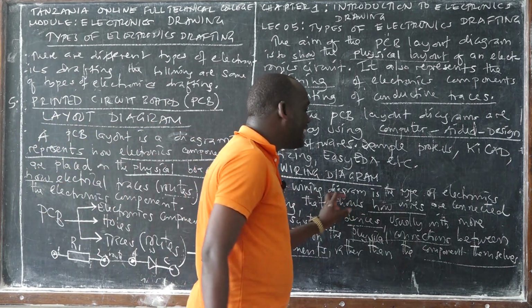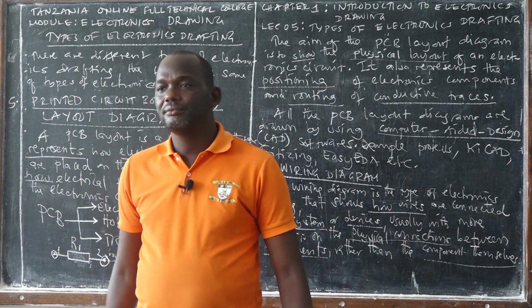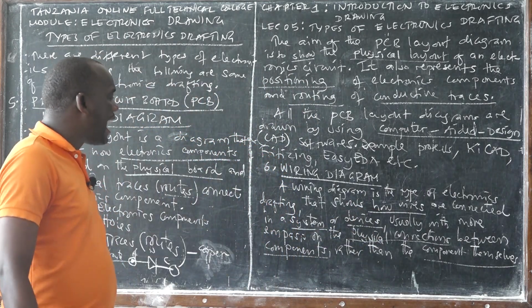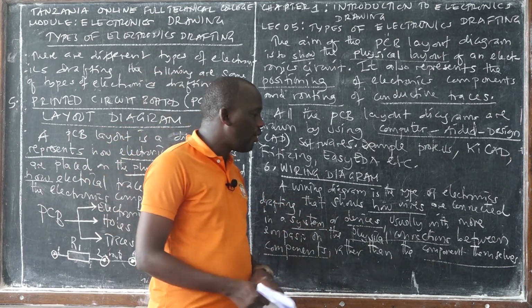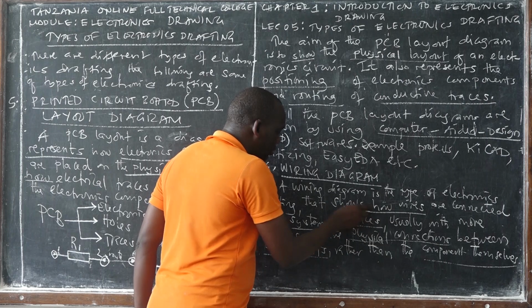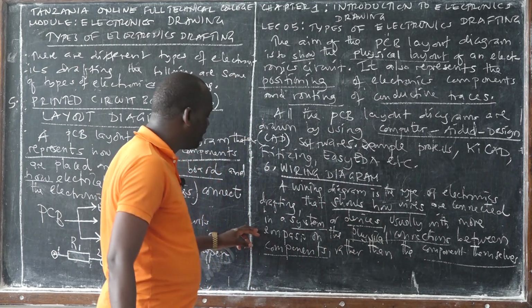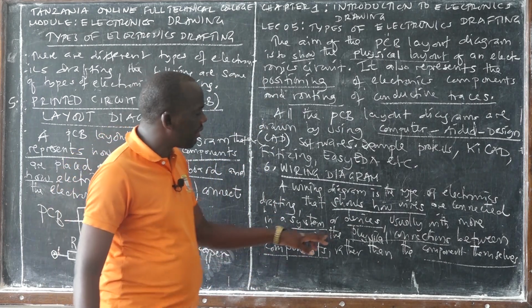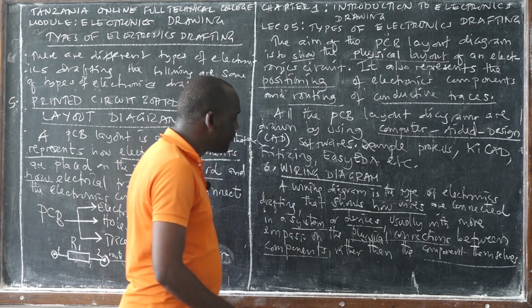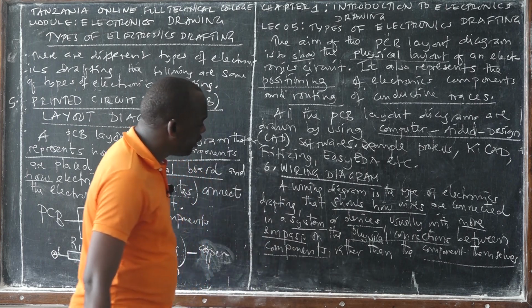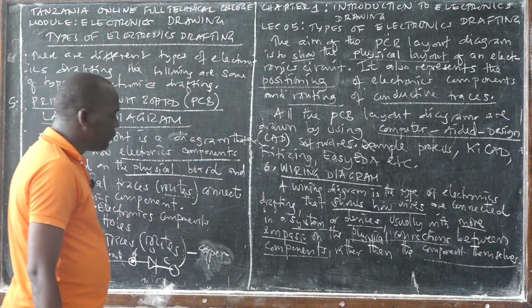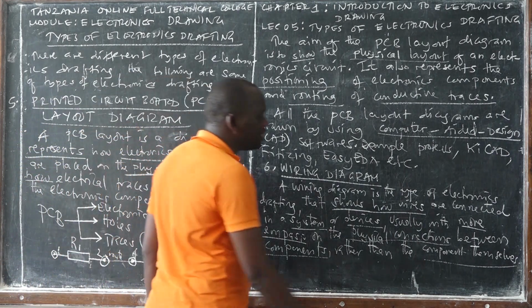We say a wiring diagram. Say a wiring diagram. A wiring diagram is a type of electronics drafting that shows how wires are connected in a system or devices, usually with more emphasis on the physical connection between the components rather than the components themselves.